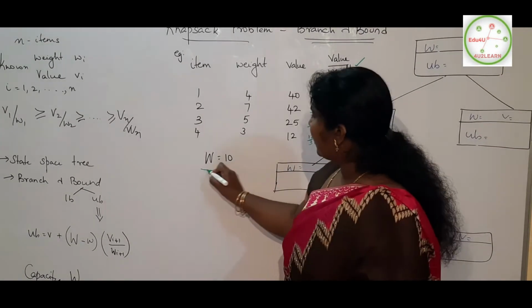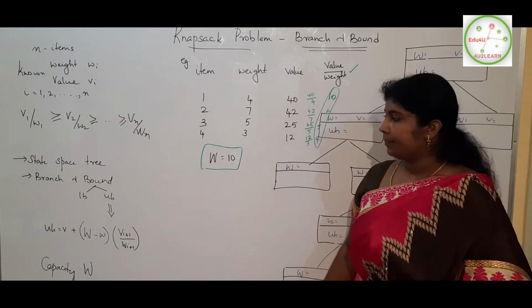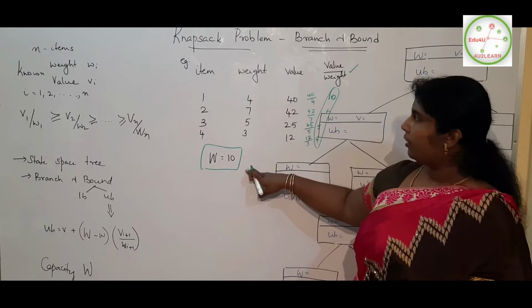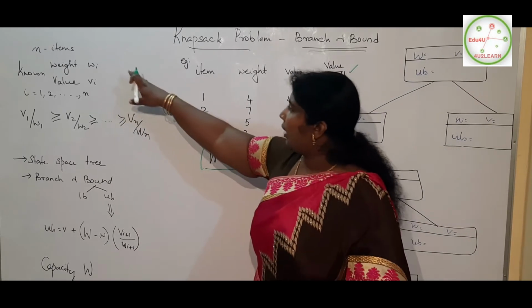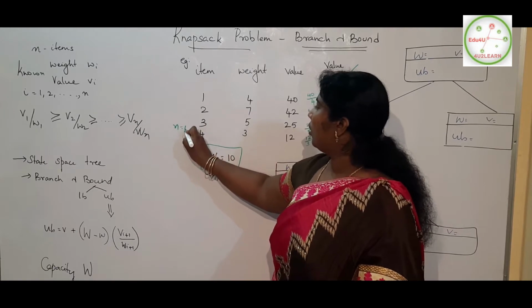Now we have a capacity of W equal to 10. Hope you can match what W, the capacity, is, equal to 10, and the number of items is 4.